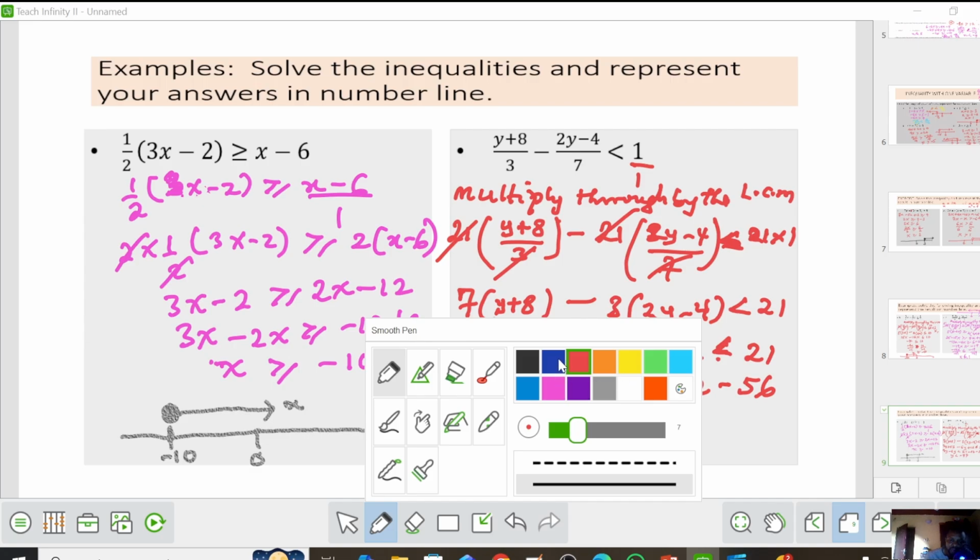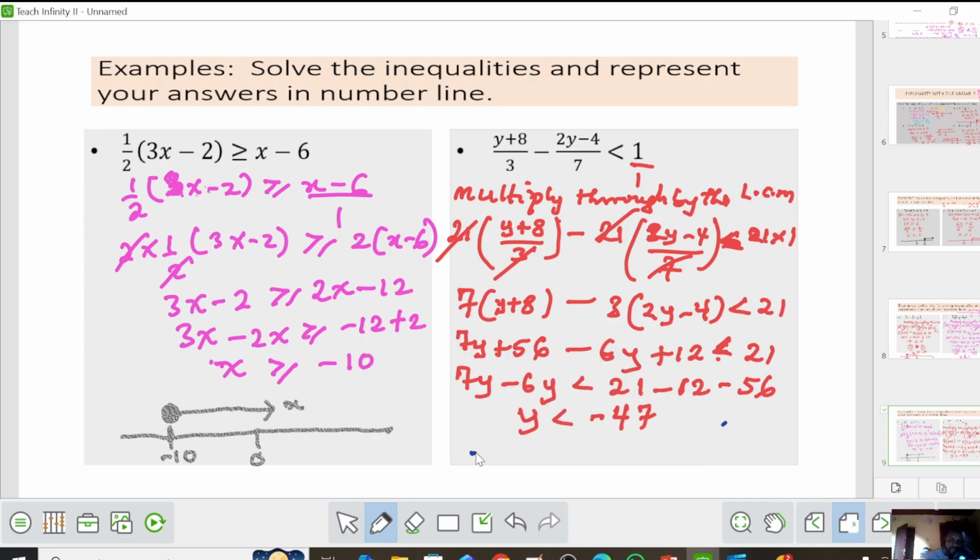So to represent it on a number line, draw your line, then put your 0 to demarcate the positive and negative sides. Then minus 47 is a negative number, so I can represent it on this side. Minus 47. Less than, we go to the left.